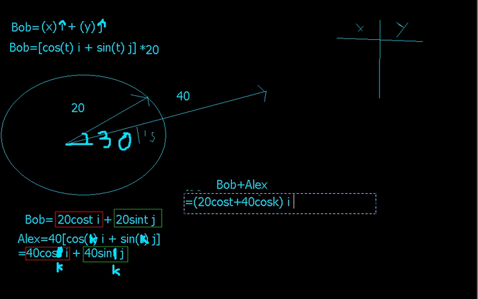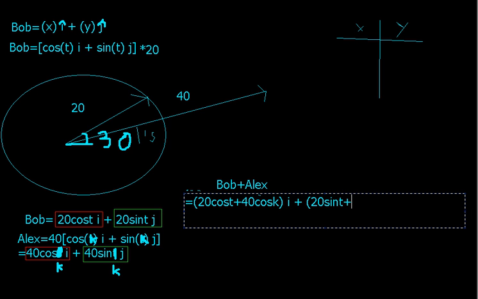Plus 20 sine of t, plus 40 sine of k. And whatever those add up to, those are the number of units in that j direction, in the y direction.